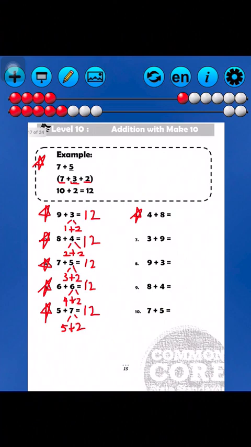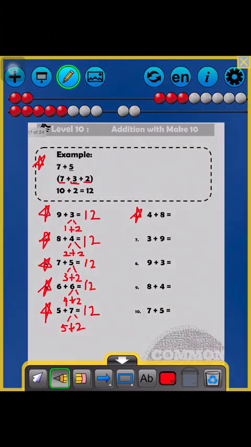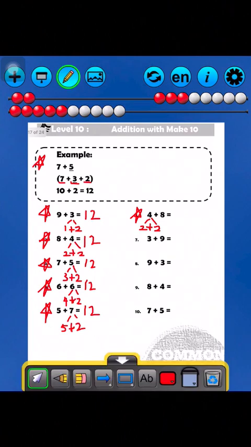So 8 plus 2 equals 10. So we may take away 2 from 4 and give it to 8 to have 2 plus 2 plus 8. To form 10 and 2, 12.